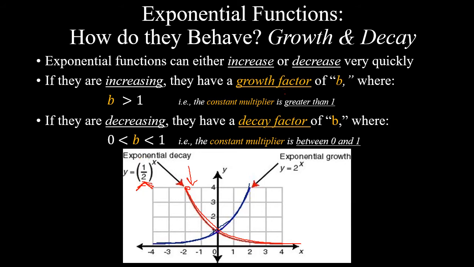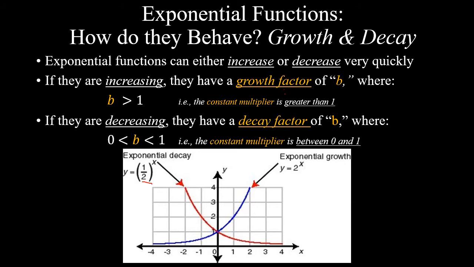So we can either have exponential growth, in which case our b, our constant multiplier, is a growth factor, and it is greater than 1, or our exponential function can be decreasing, in which case our b, our constant multiplier, is a decay factor, and it's between 0 and 1. I don't want you to get confused and think that our b is decaying.